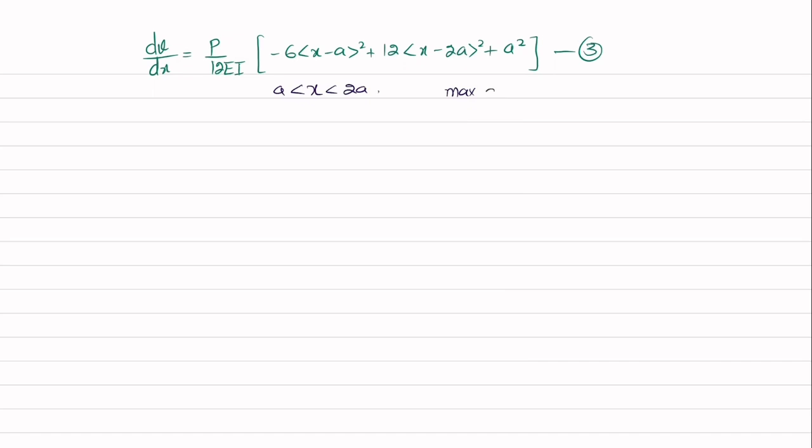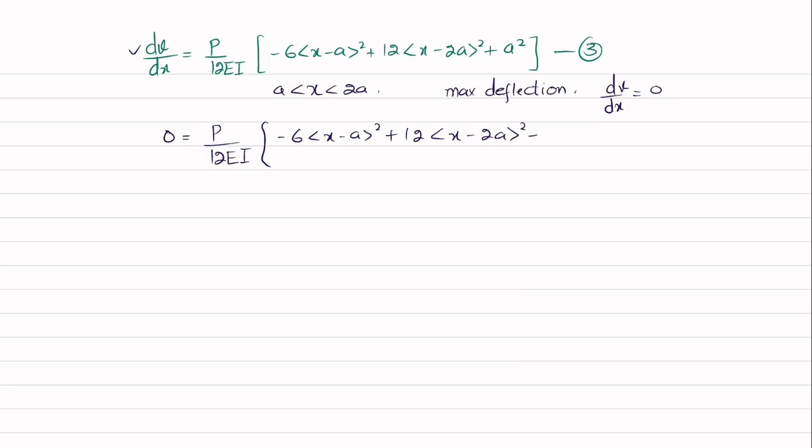So we are going to find out the x where deflection is maximum. So put dv/dx equal to 0 in equation number 3. So 0 is equal to P over 12 EI into minus 6 times (x minus a) whole square plus 12 into (x minus 2a) whole square plus a square.